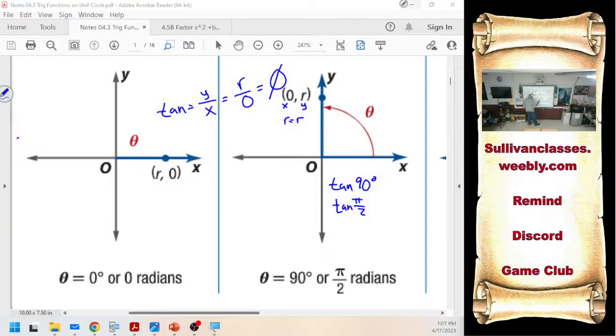If you want to think of it in terms of a triangle, think of a ridiculously skinny triangle. If this was like 89.999 degrees, these two would be really close to each other, like 1999 and 1998. What happens when it goes up to 90?